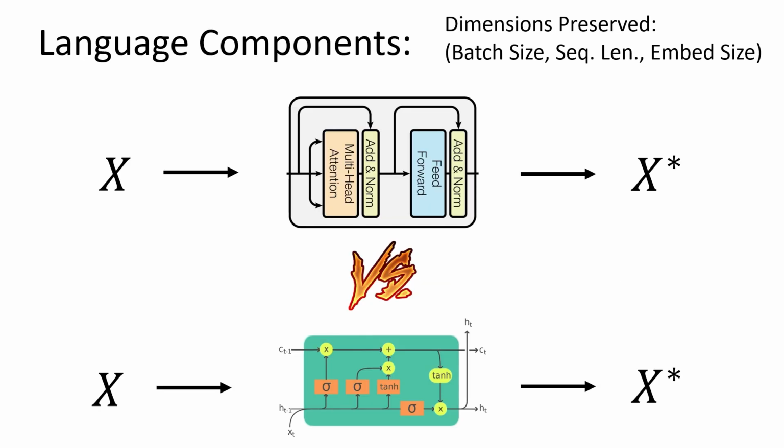I only changed this one layer, and the dimensions are preserved across both layers. So our dimensions of batch size, sequence length, and embedding size coming out of the positional encoding step pass through each layer, and those dimensions are preserved for both methods.